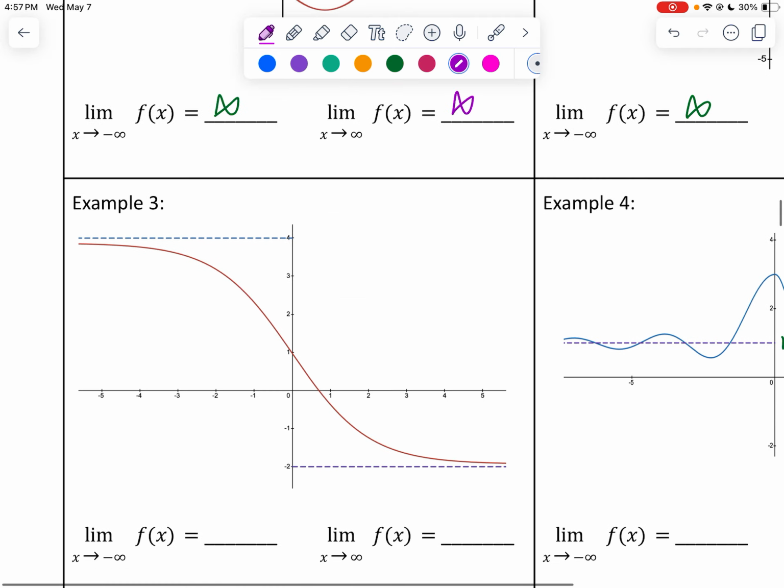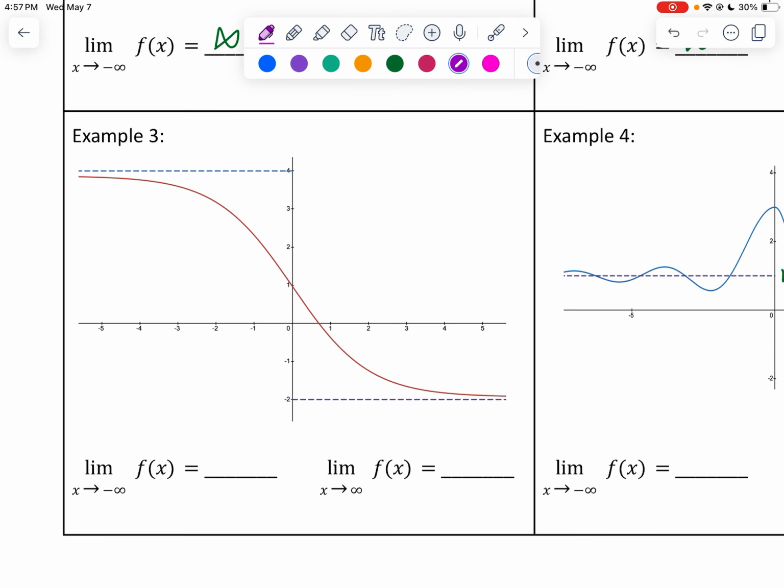Right? In example 3, there's a couple things going on. As x is approaching negative infinity, it looks like my graph is going this way. And we see that there's a dashed line. So here is actually a horizontal asymptote at y is equal to 4.